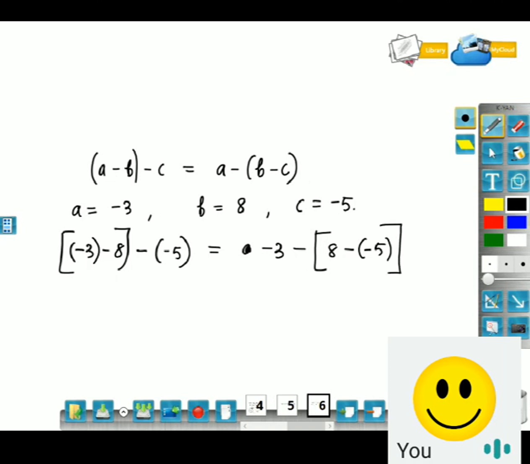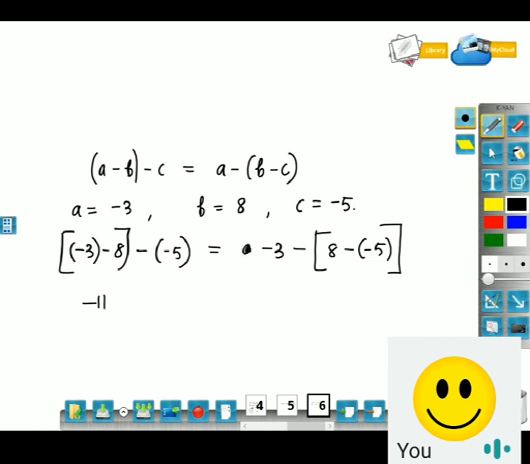So first you need to simplify the numbers which are inside the bracket. Now -3 and -8 both are negative numbers. Already we know when integers have the same sign, we add them and put the same sign. So -3 -8 will be -11.